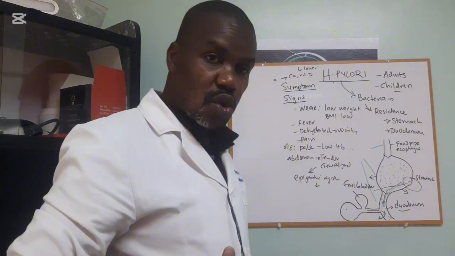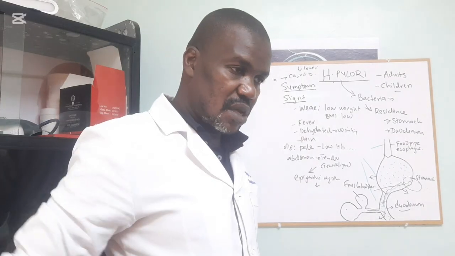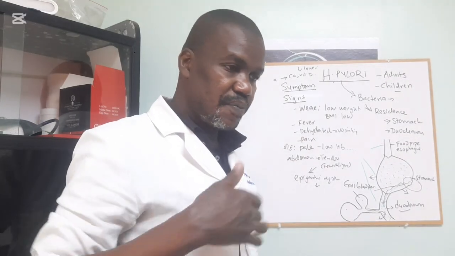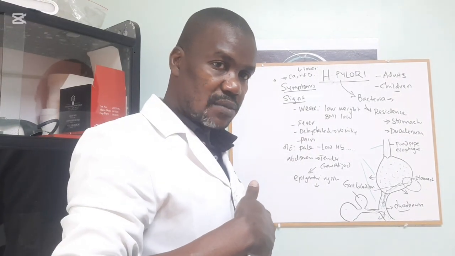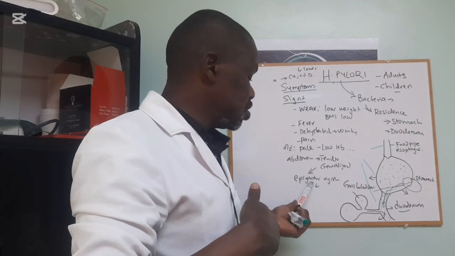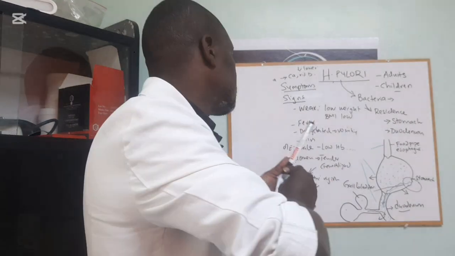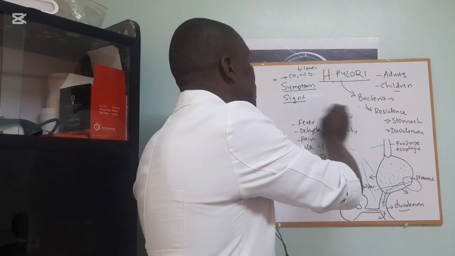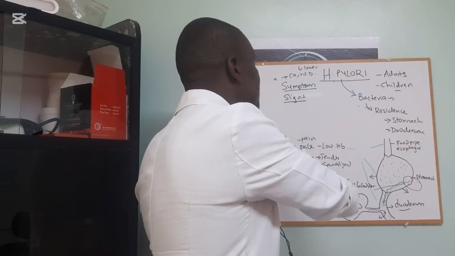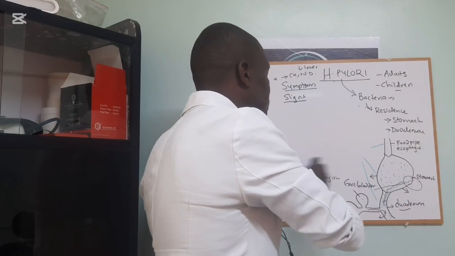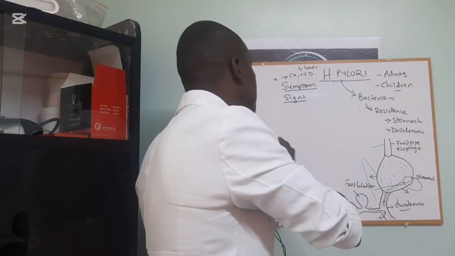So they will have pain from here at the navel going upward, sometimes around your navel, but the most pain will be here. This is what we call the epigastric region, and this is the region where the stomach is, and slightly to the left. Okay?